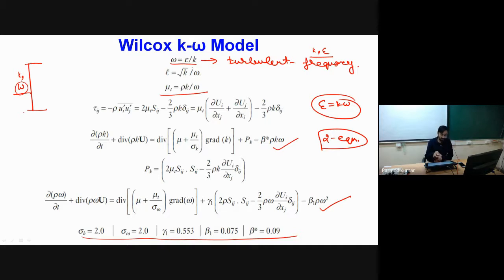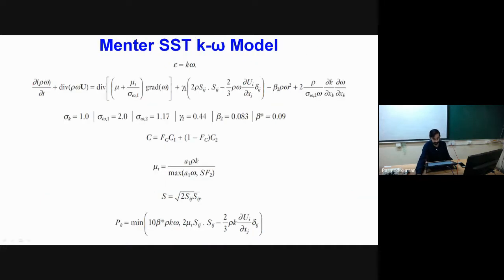So this K omega model is very sensitive to the value of omega which we specify. When we specify omega either at inlet or at any far field, if that value is not correctly chosen, it may give significant variation in the result. So many times we have to do some sensitivity analysis in order to find the exact value of omega.